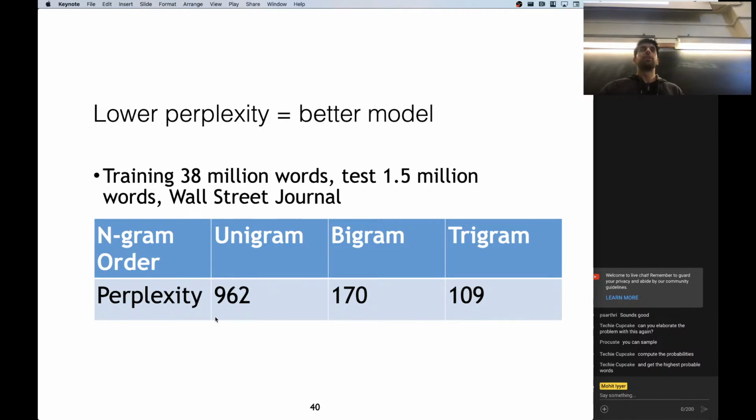Note that this unigram model is not giving us a perplexity of the size of the vocabulary, because it is frequency weighted. A bigram model is really cutting down on the number of equally likely next words. You get 170, and 109 with a trigram model. That said, these perplexities will not continue to decrease like this. If you go up to like a 13-gram model, there are severe issues with sparsity that will cause this to increase dramatically.